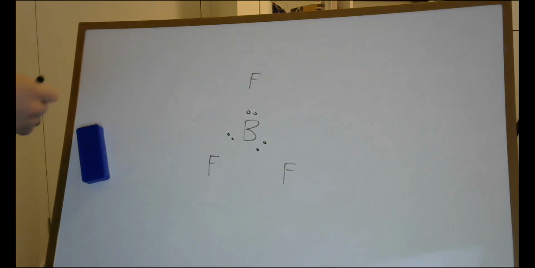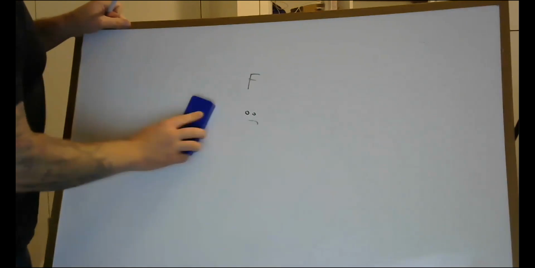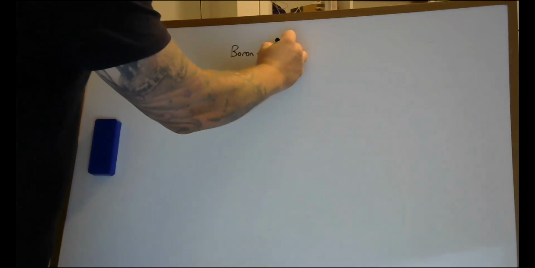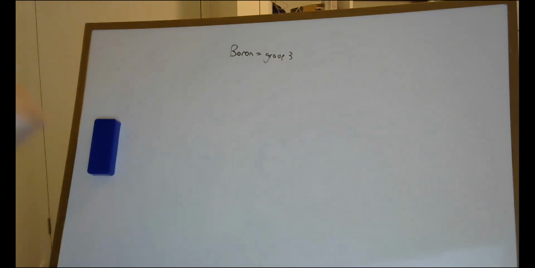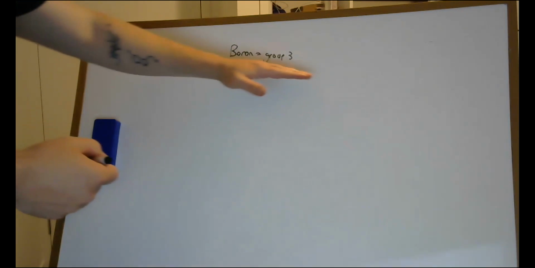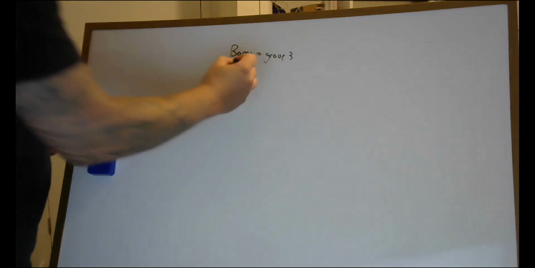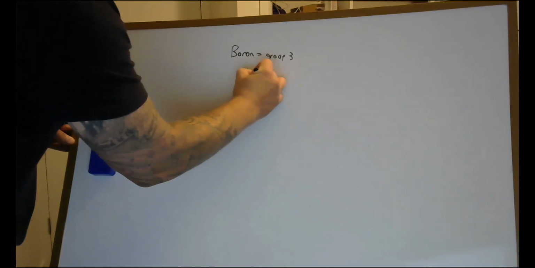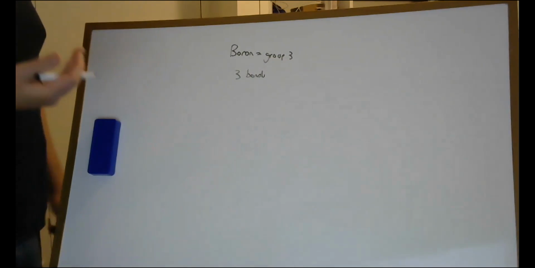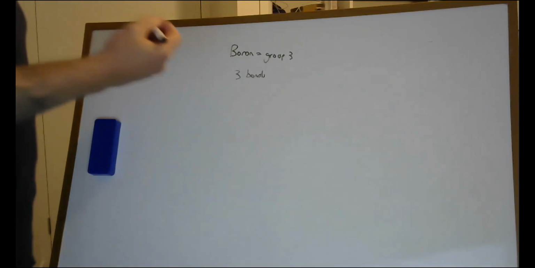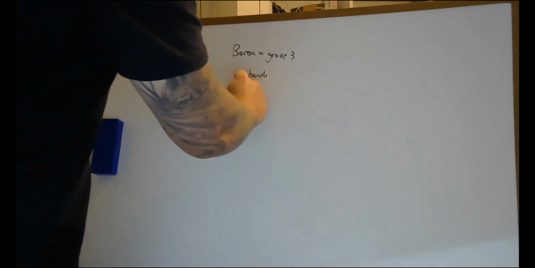The easy way to calculate that: boron is in group 3, so it will contribute 3 valence electrons. So by this, you know it will form 3 bonds. Can't form any more than that. So you know that if it's got boron, it's trigonal planar.